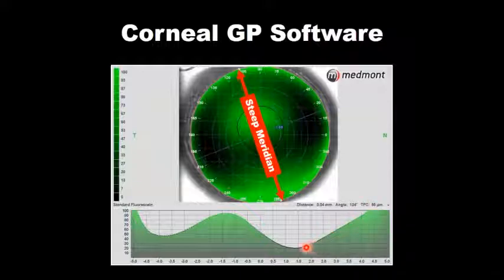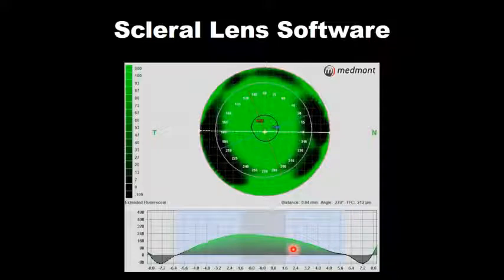What the contact lens software does is it allows us to create a theoretical pattern, allows us to model how that contact lens might land, how it might lift, whether it's appropriate, whether it's inappropriate. Should we go with a different direction than corneal GP as an example? So it gives us the ability to place a lens on and determine across the flat meridian of the eye, do we have good, healthy landing on opposing sides?